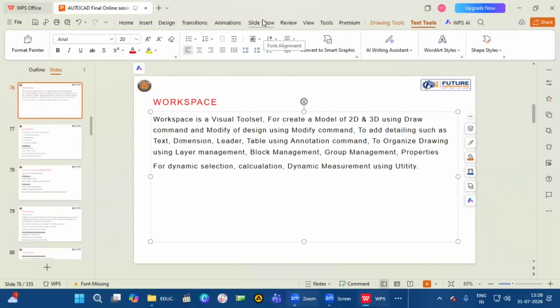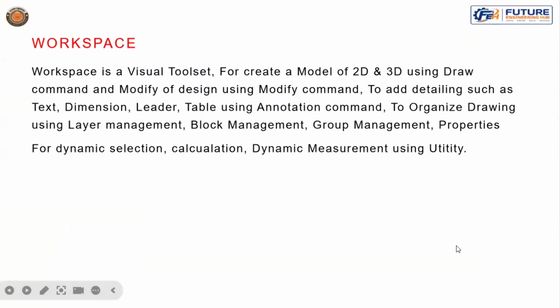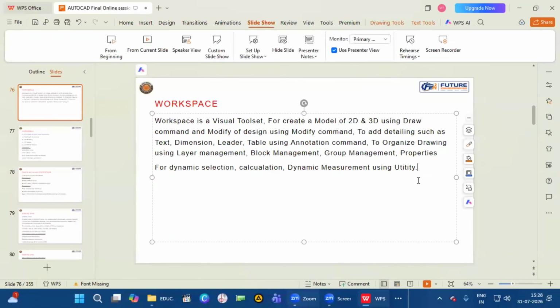Clear up to you? Okay. In AutoCAD, we have three types. Write down. First one, drafting and annotation. Second one, 3D basic. Third one, 3D modeling.